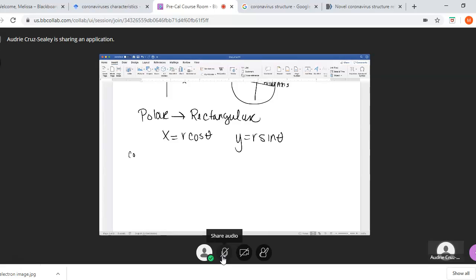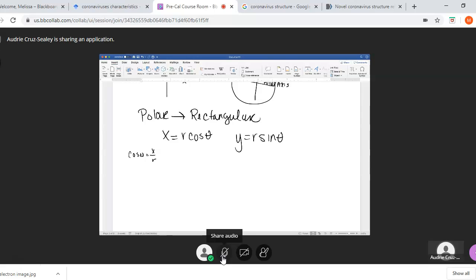Doesn't cosine of theta equal the x value over your radius? Except when we were dealing with the unit circle, the radius was 1. So x was your cosine and y was your sine. But now your radius doesn't have to be 1. So that's why you have to make note that it's x over r.